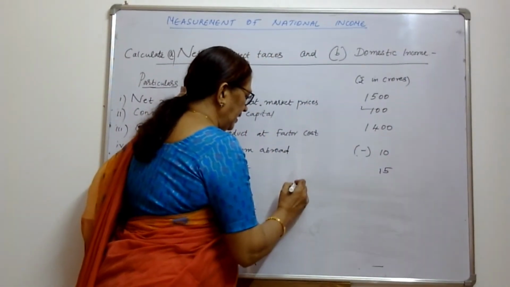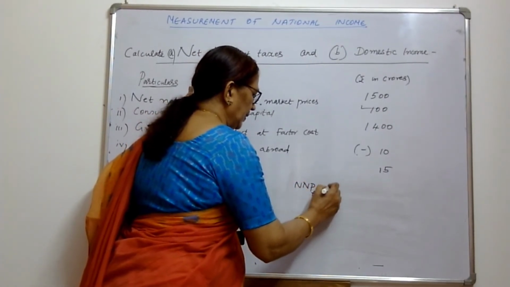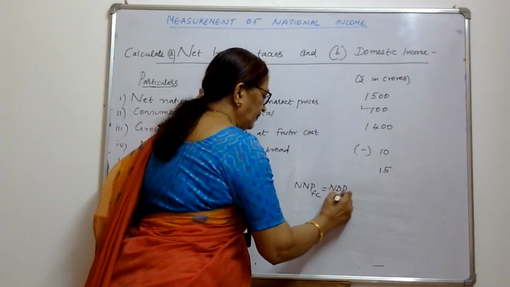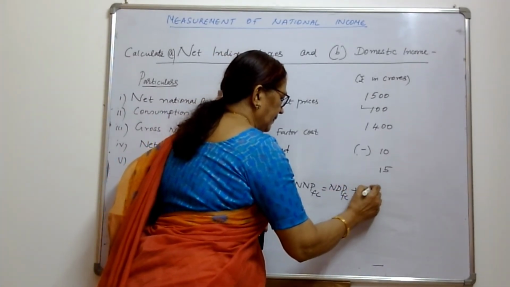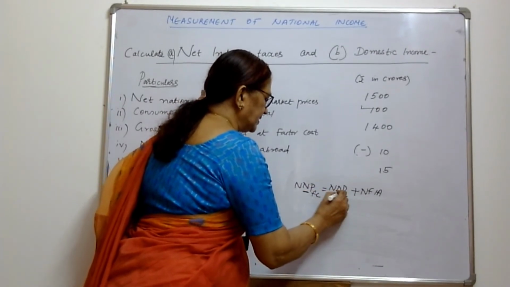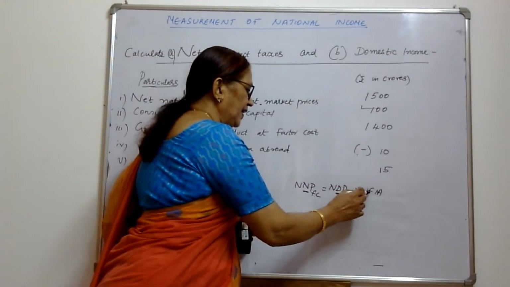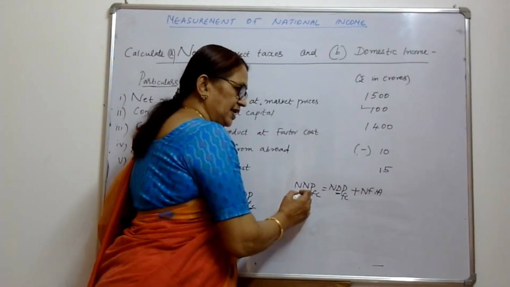So NNP at factor cost is equal to NDP at factor cost plus NFI. That means, national concept and domestic concept, the difference is NFI. Domestic income plus net factor income from abroad, we get national income.